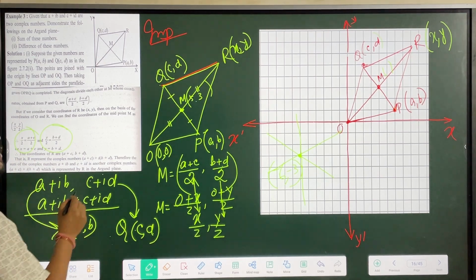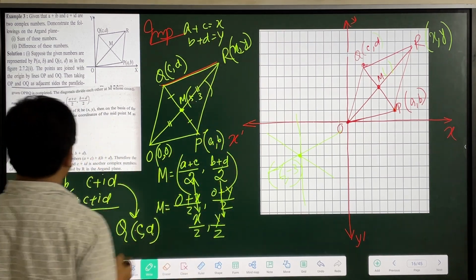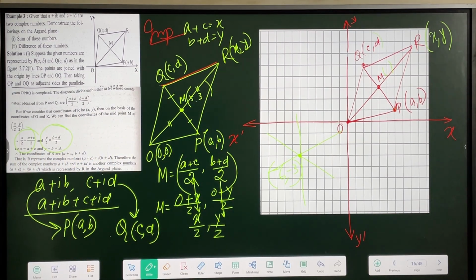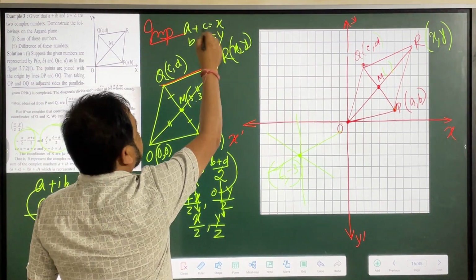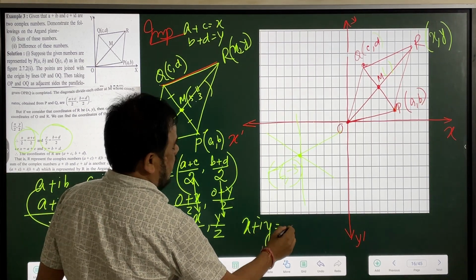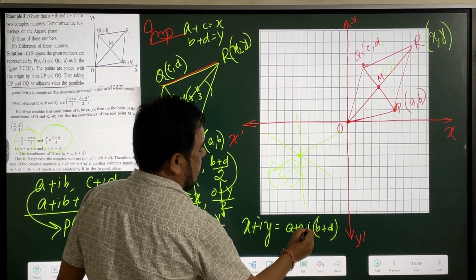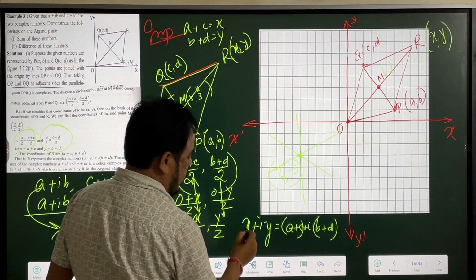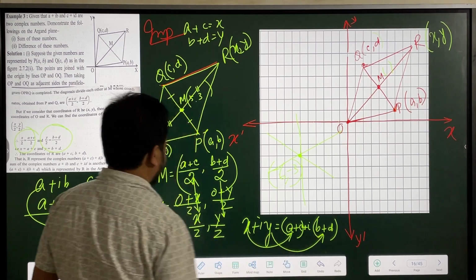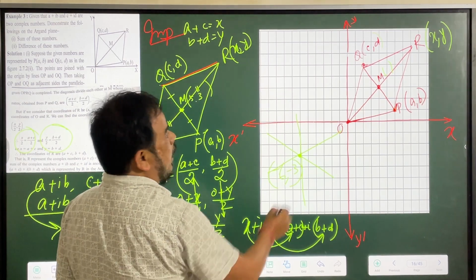A plus C equals x, B plus D equals y. So x plus iy equals A plus C plus i times B plus D, which is represented by R in the Argand plane.